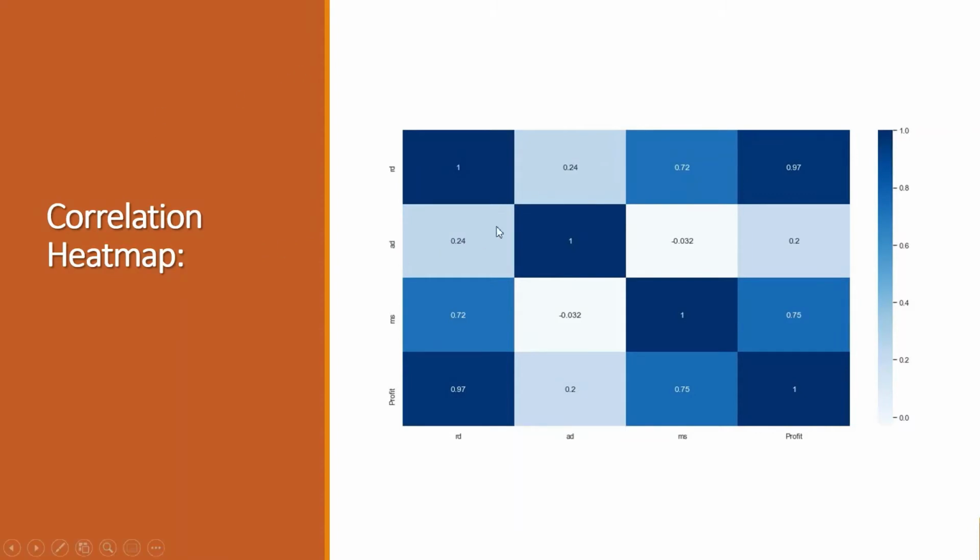Here our R&D, research and development, is proportional. The proportional ratio given is 0.97 to 1, and 0.72 for marketing to research and development. So this is all our relation between the attributes: research and development, advertisement or marketing, and administration.